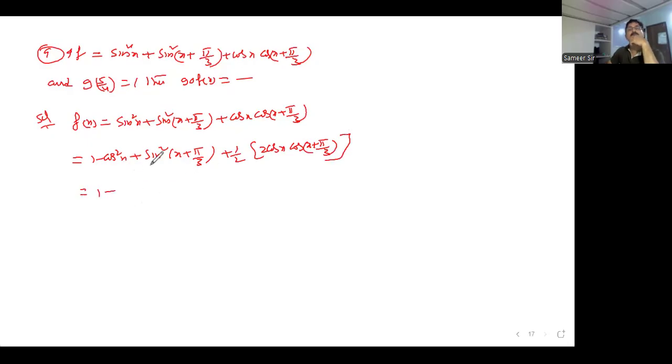This is cos square a minus sin square b, cos of a plus b and cos of a minus b. Whereas here, half into 2 cos a cos b means cos of a plus b plus cos of a minus b.